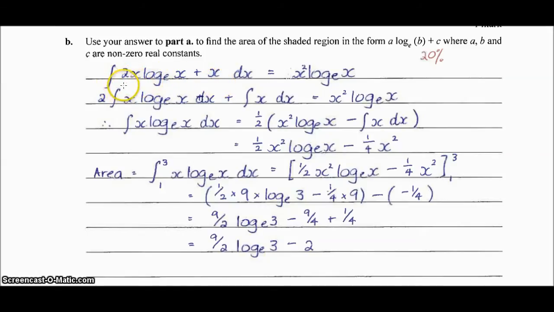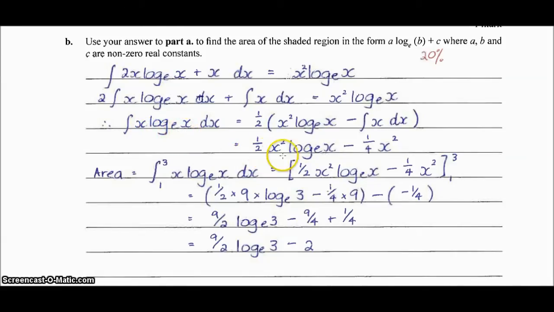And we're going to take the 2 out the front here too, so this line here is the same as this line here. Okay, and then if we take this whole thing to the right hand side, so there's the integral of x dx there, and we halve the whole thing. The integral of x is 1/2 x squared, and we expand those brackets. What we have here is an expression for the antiderivative of x log of x.